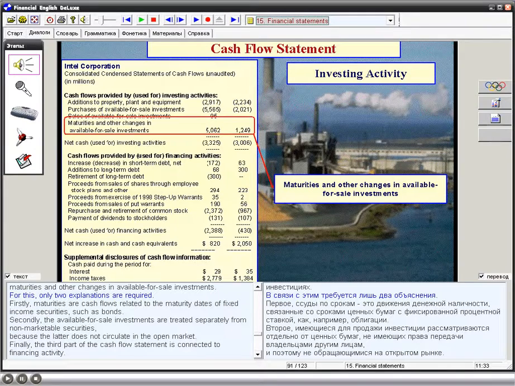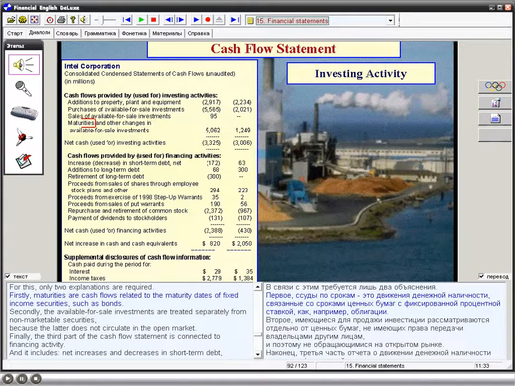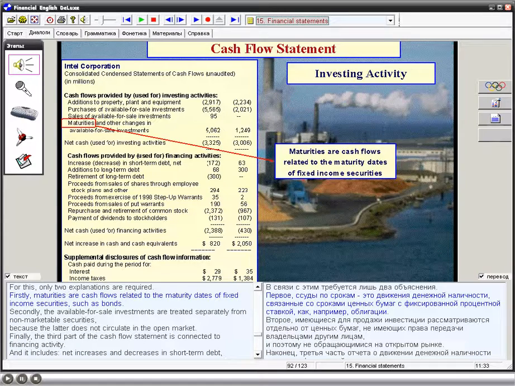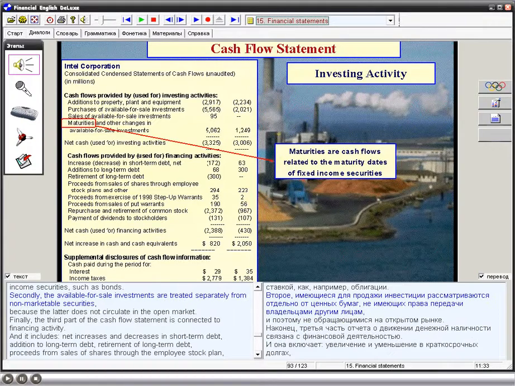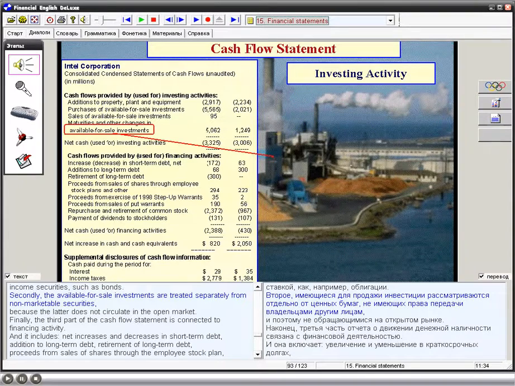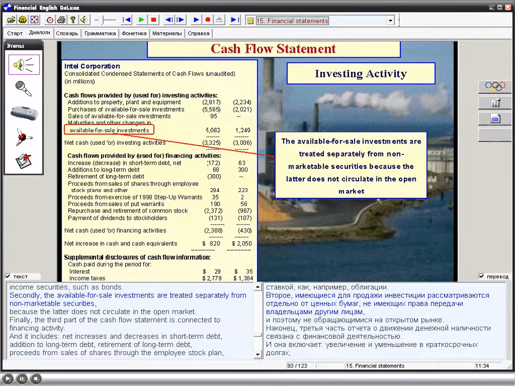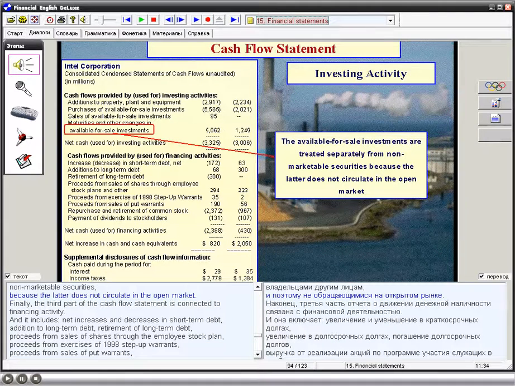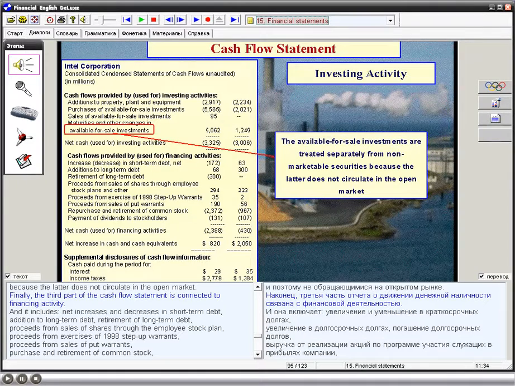For this, only two explanations are required. Firstly, maturities are cash flows related to the maturity dates of fixed income securities, such as bonds. Secondly, the available-for-sale investments are treated separately from non-marketable securities because the latter does not circulate in the open market.